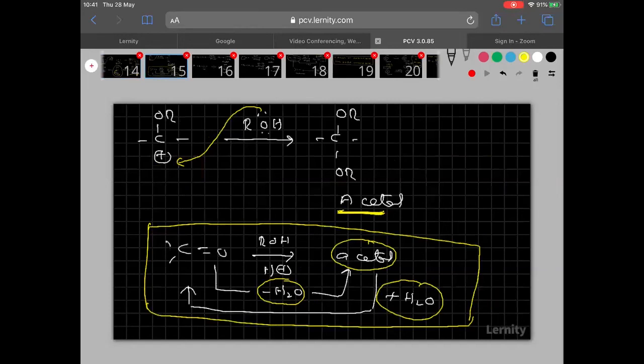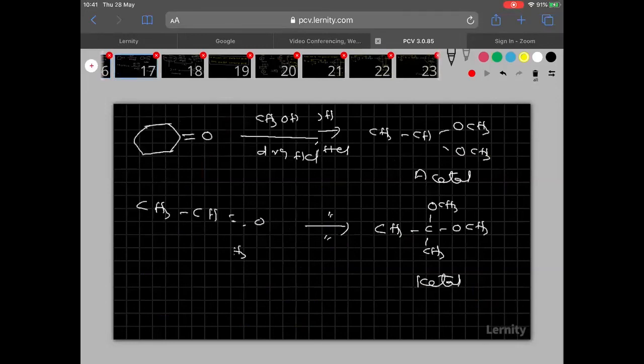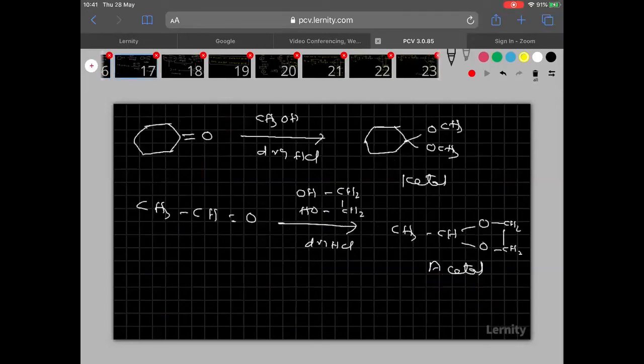Fifteenth slide. 16th one. This is the 17th one.